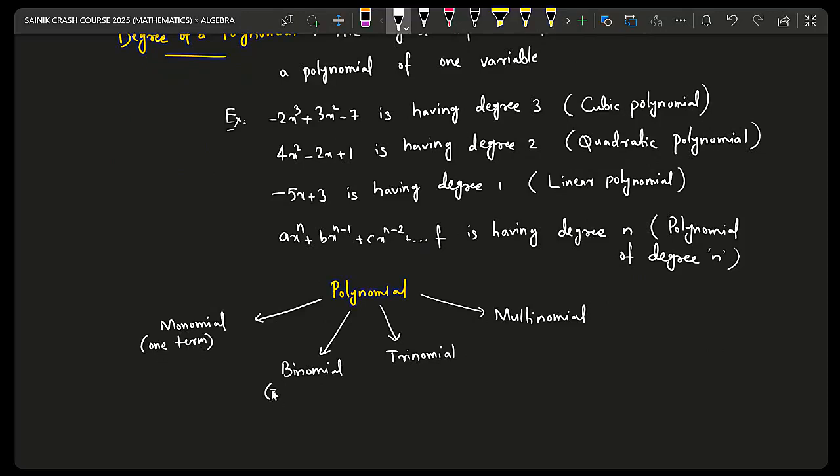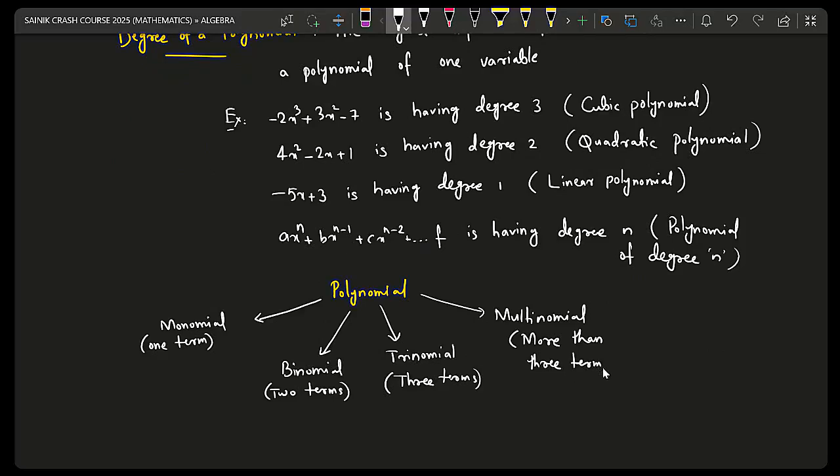Binomial means having two terms. Trinomial means having three terms. And multinomial means having more than three terms.